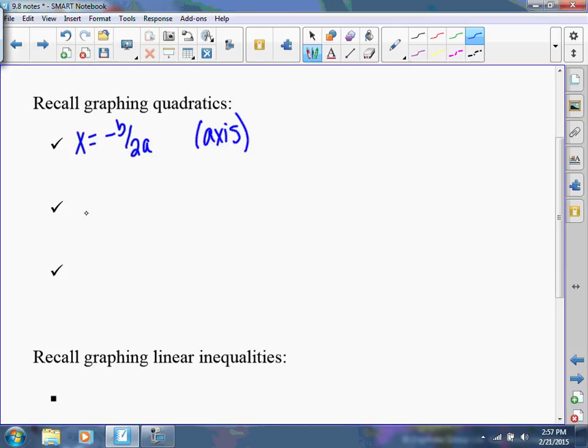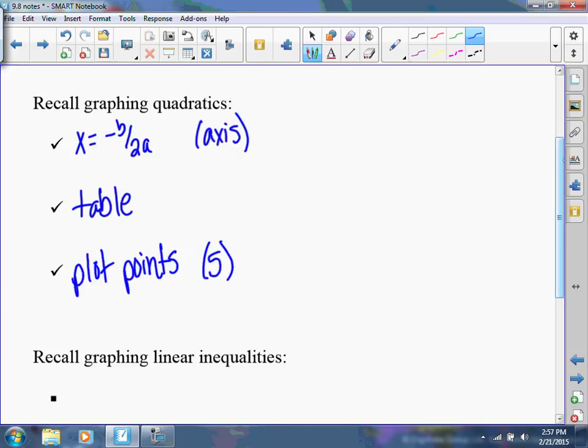And then that is the value that we put in the middle of our table, and we picked two values above it and two values below it to complete our table. Substitute all those values in for x, get our y values, and then we can plot the points. So usually there's 5 points that you're plotting for your parabola.